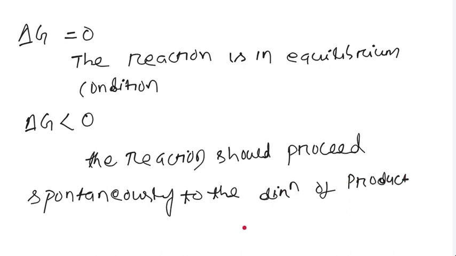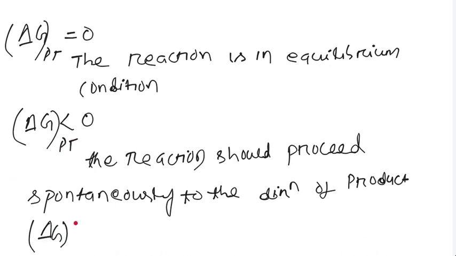The reaction will proceed towards the product, toward lower energy. If delta G is greater than 0, the reaction proceeds towards the reactant side, at constant pressure and temperature condition. Delta G greater than 0.